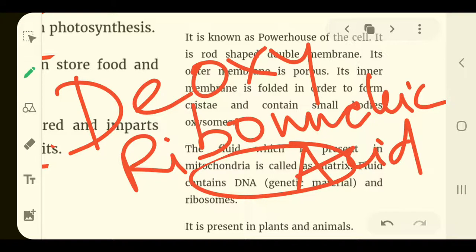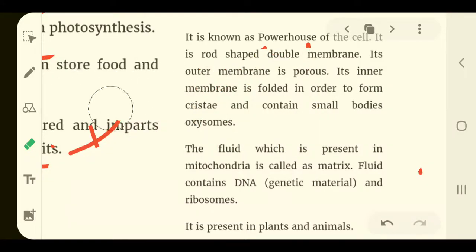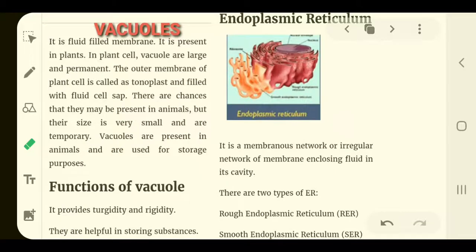We read about DNA in the nucleus also. So mitochondria has its own DNA. You can imagine how important the structure is.